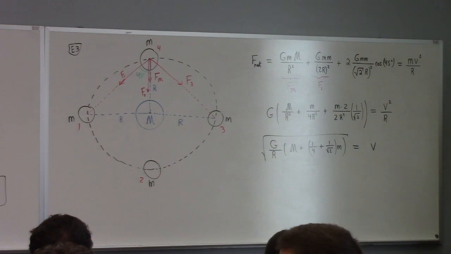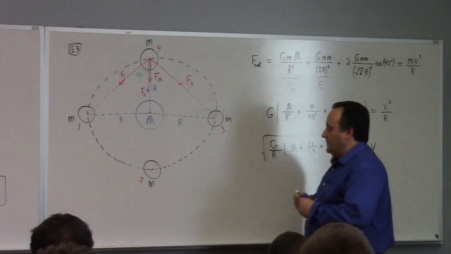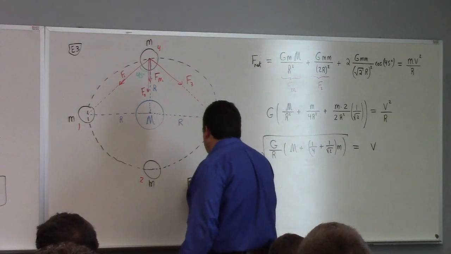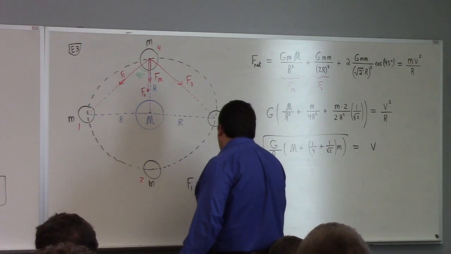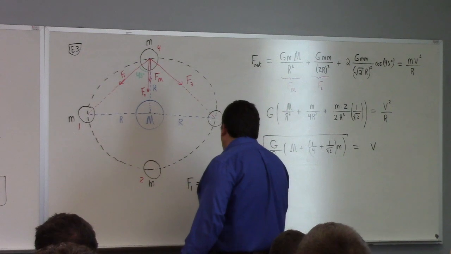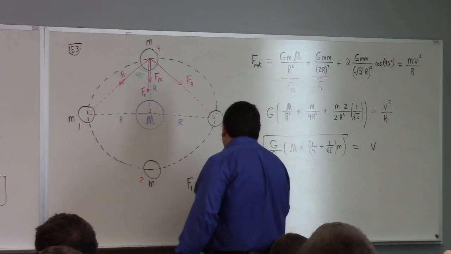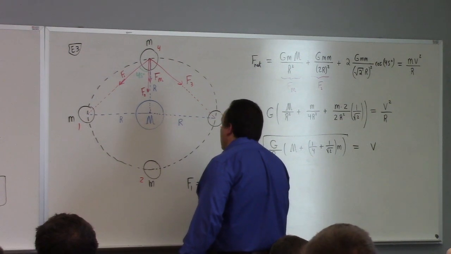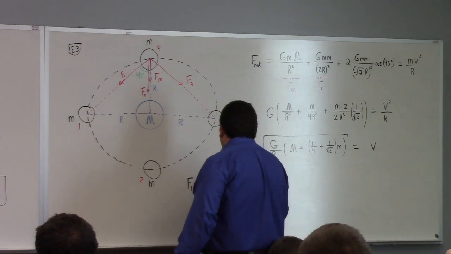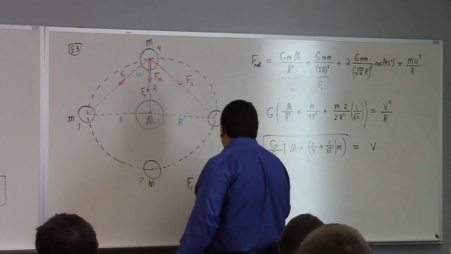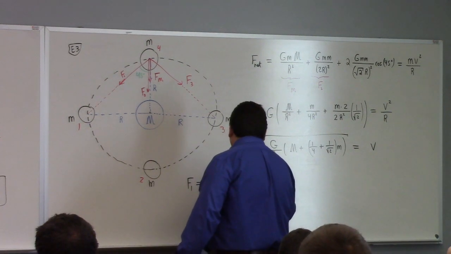In the denominator up top, why is it root 2 r squared? Oh, okay. So that's because the force of 1, for example, is equal to G, m, and then the distance from 1 to 4 squared.